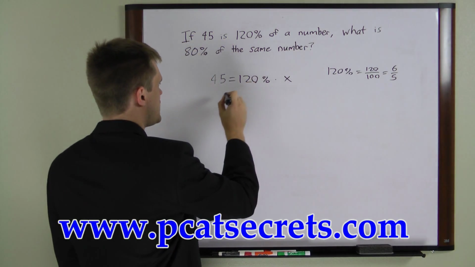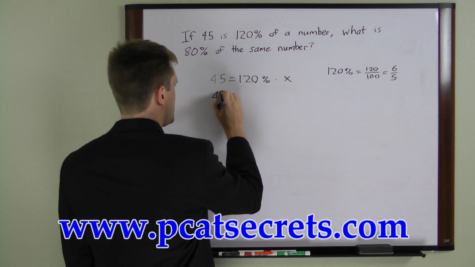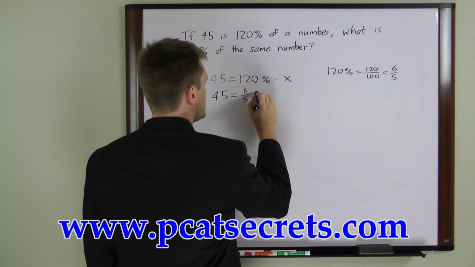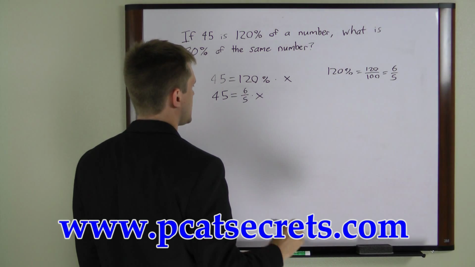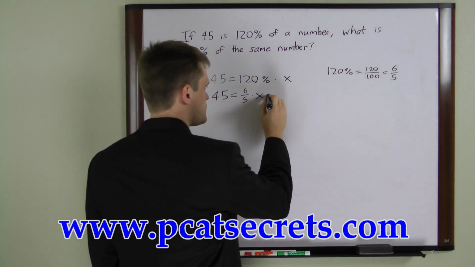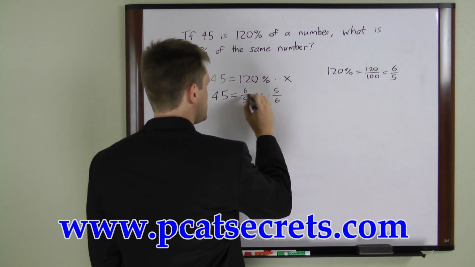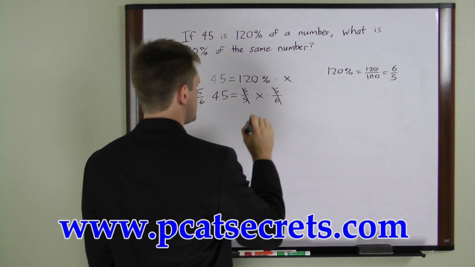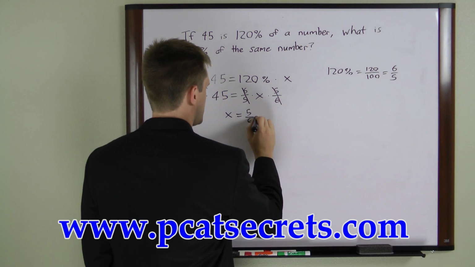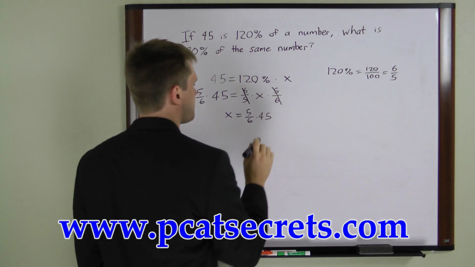Now let's substitute that into this equation, and what we get is 45 equals 6 over 5 times x. Now we can multiply both sides by 5 over 6, and that will cancel this to give us x equals 5 over 6 times 45.